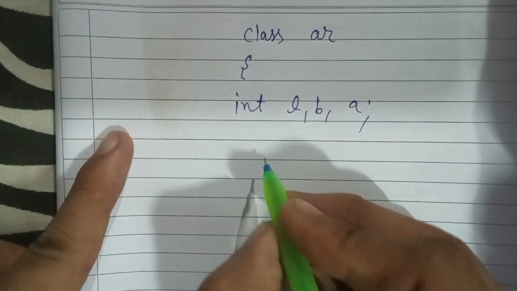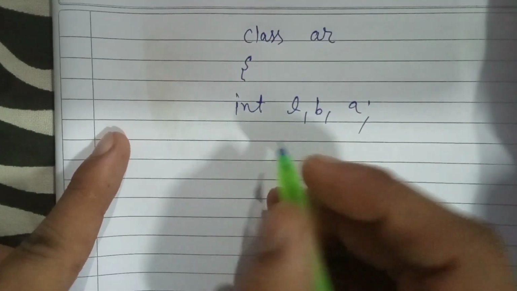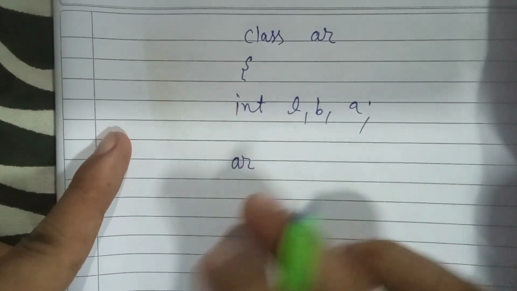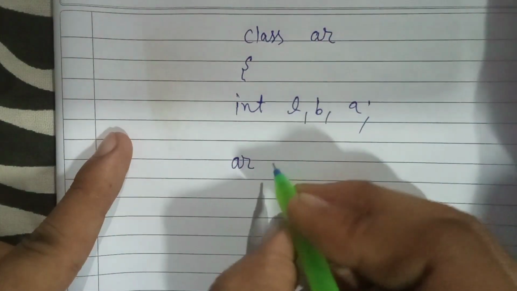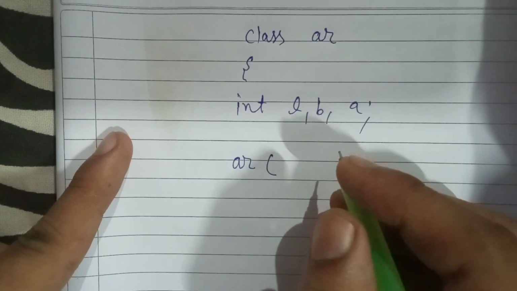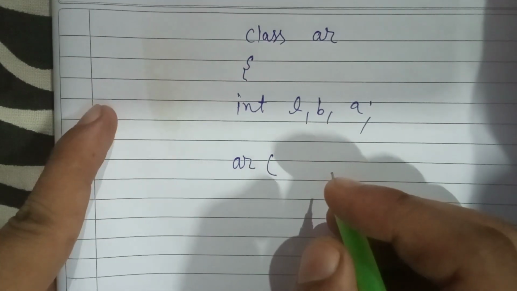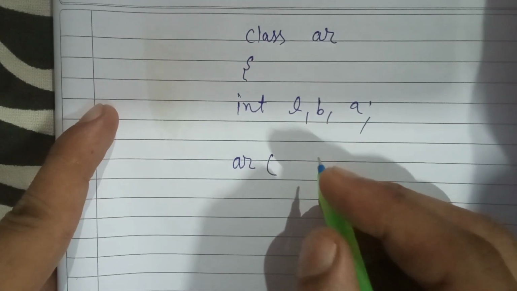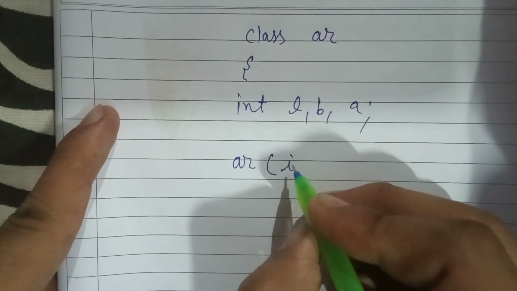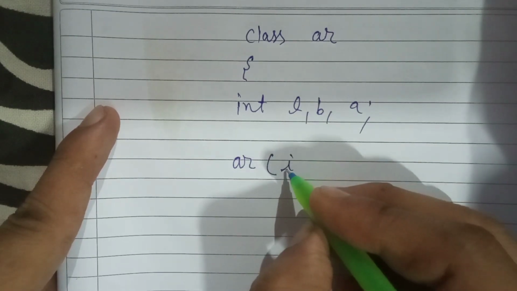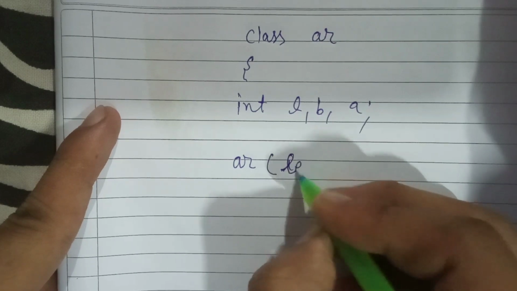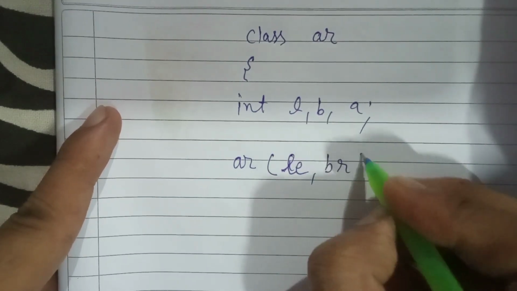Then after we are going to create a constructor here. Constructor name will be same as the class name AR. Then after it will have some arguments. It may have, it may not have. So we are creating here a parameterized constructor. I'm writing here the name of some variables. So let's write here LE and BR.